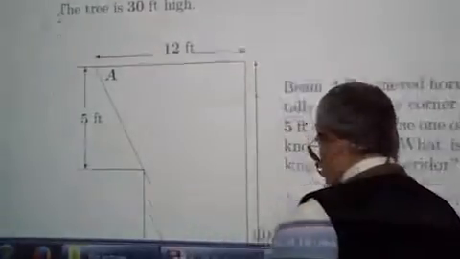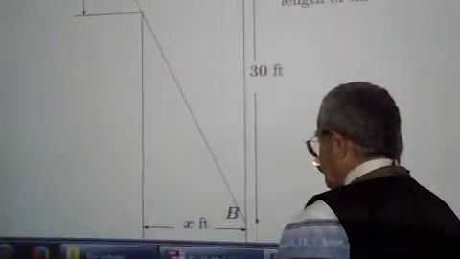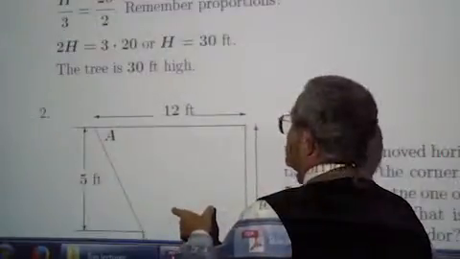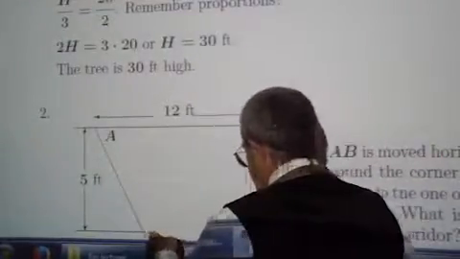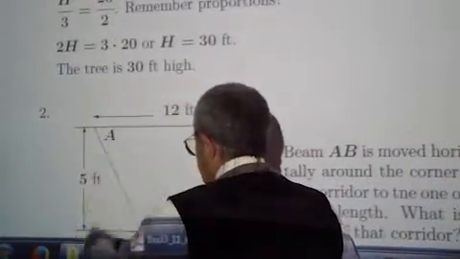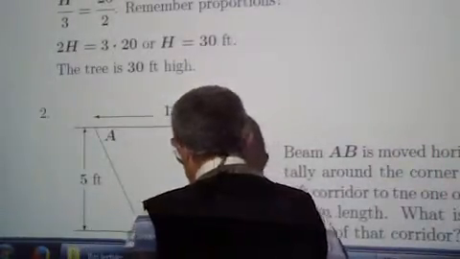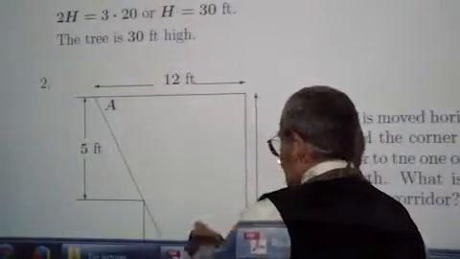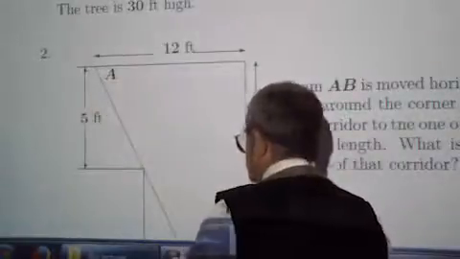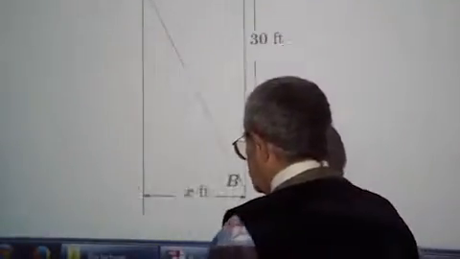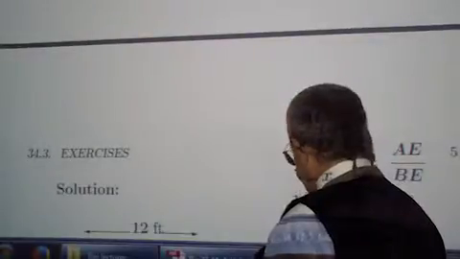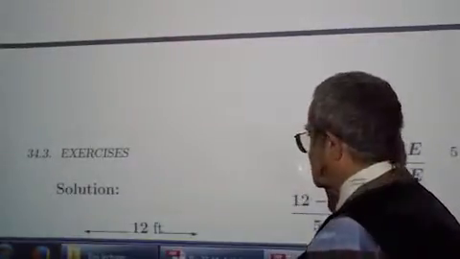This distance is 30. From here to here is x. The width of this corridor is 5 feet. We are interested in finding the width of the second corridor.